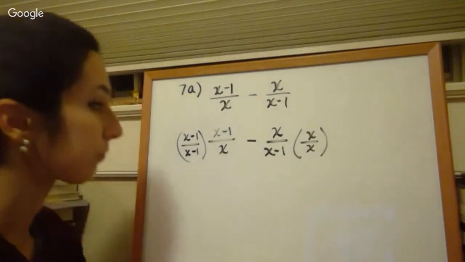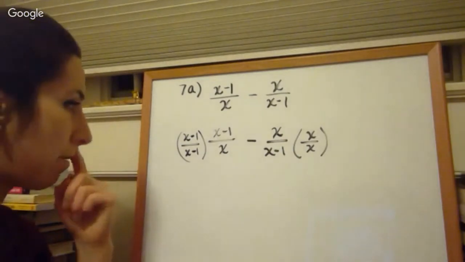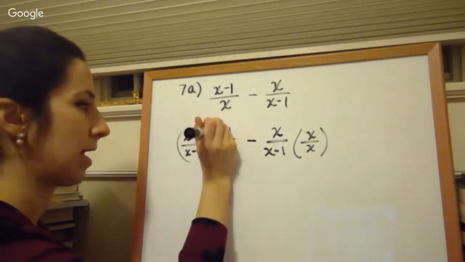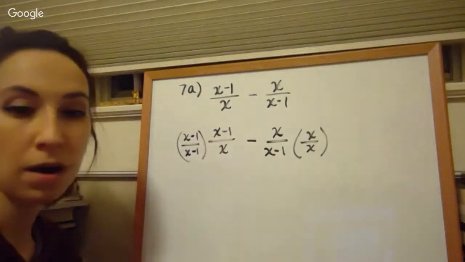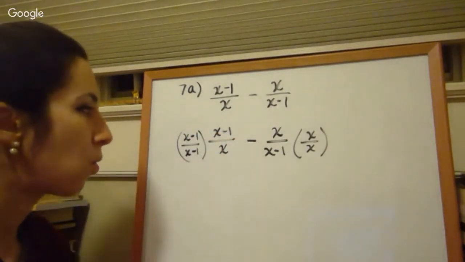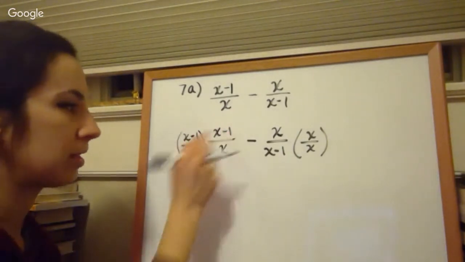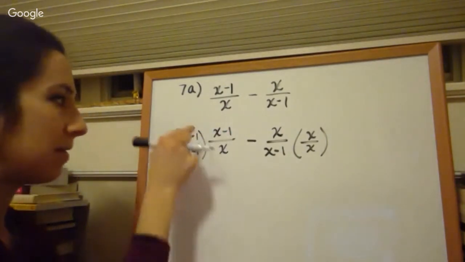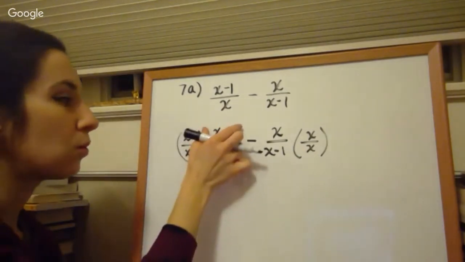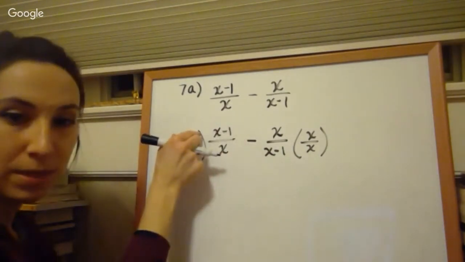Okay. So now be very careful when you're multiplying this expression by this expression, okay? Even though there are no parentheses there, it's implied that the whole entire expression is being multiplied by this expression because that's the numerator. And we're multiplying the whole numerator by this piece, okay?